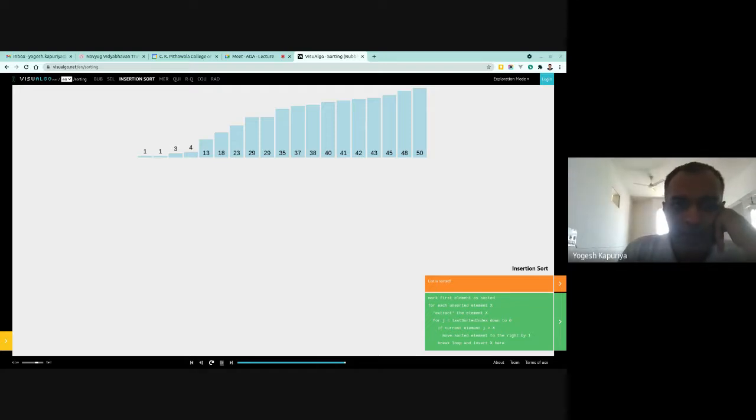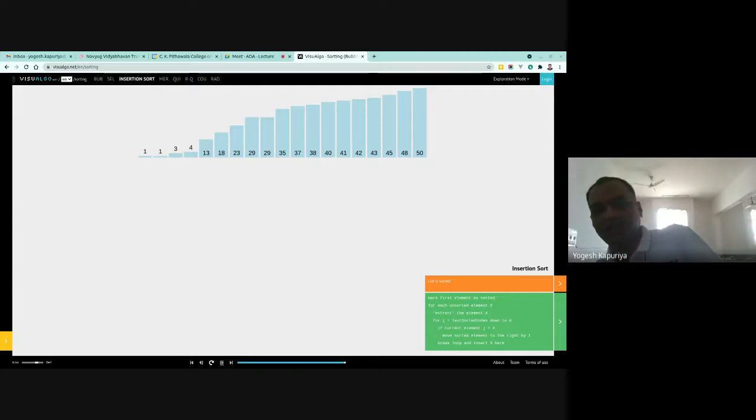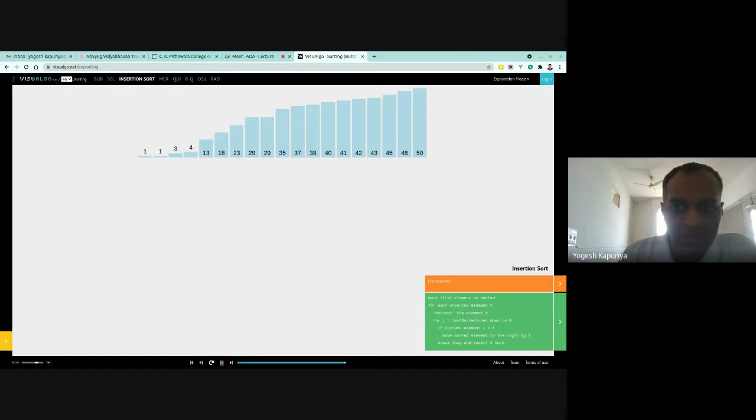So the observation that can be made over here is the inner loop takes constant time for a given i and j, right? You will give some value of i and some value of j. This will always be constant time. But the outer loop, that means this one, is going to be variable because it depends on what is the value of i and j, what is the value of the array, what is the value of the key.